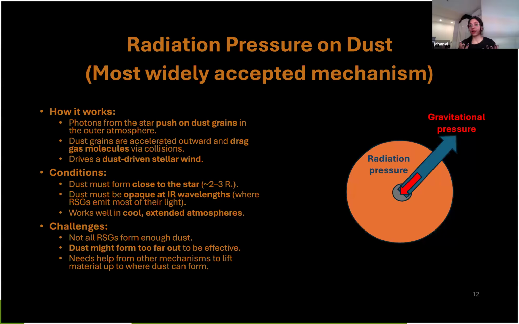And so it may be too far to be effective and produce the huge mass loss that we observe for RSGs. Another thing is, of course, that we need some other mechanism to lift the material to the point where the dust can form.